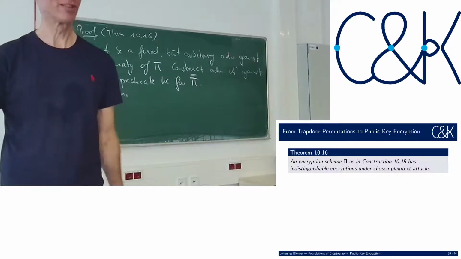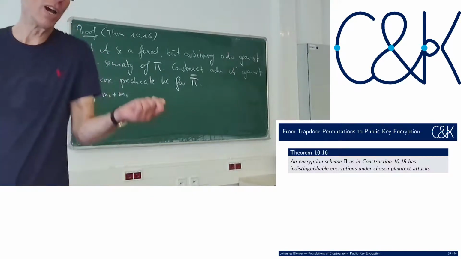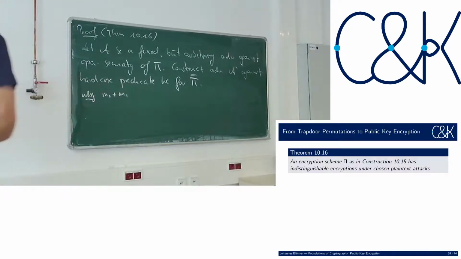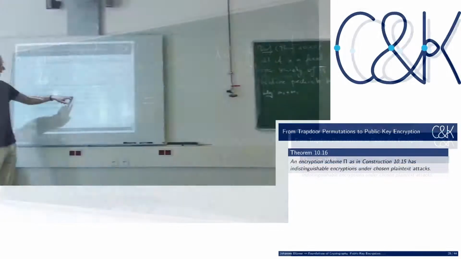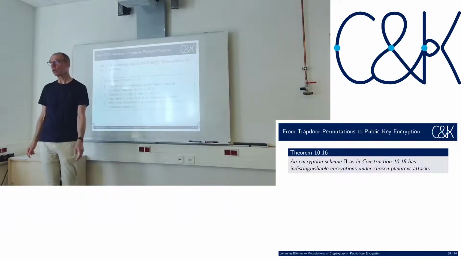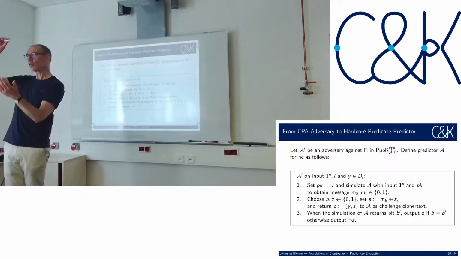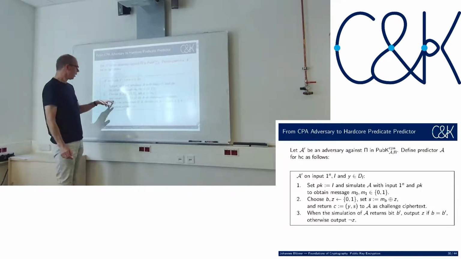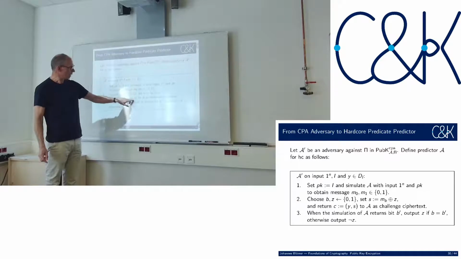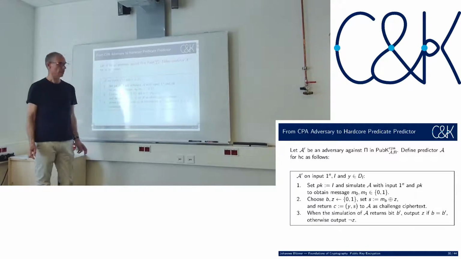So one is 0, the other is 1. We only have two messages, right? Then we choose B and Z from {0,1} at random. We set S to be M_B xor Z. So Z is sort of our guess for the hardcore predicate. And then we return C, which is Y from here, and S to A as a challenge ciphertext.